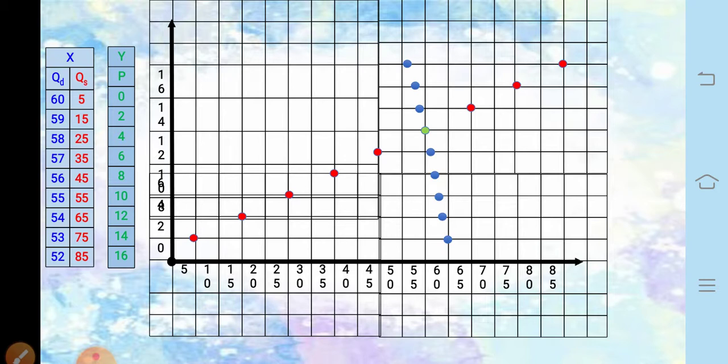Since our price, or our Y, is 0, we are going to use 0 and then 5. So actually, here they are.